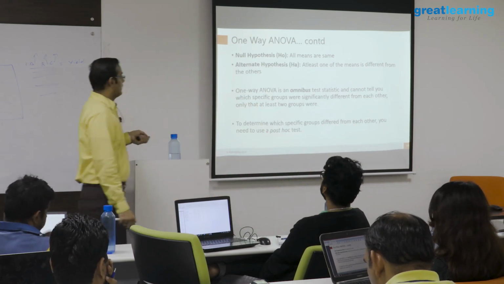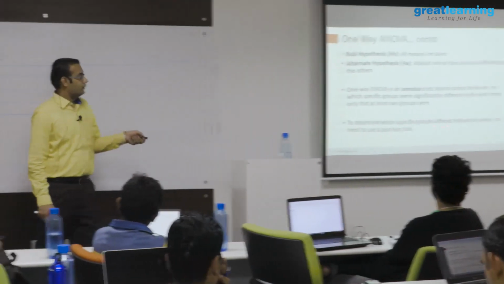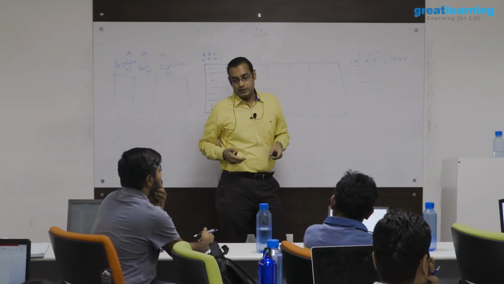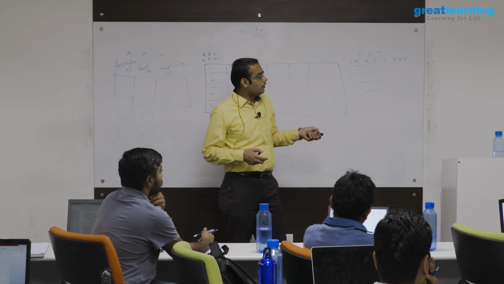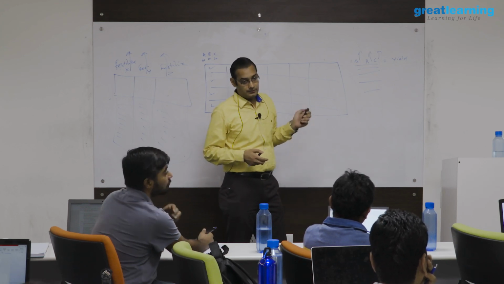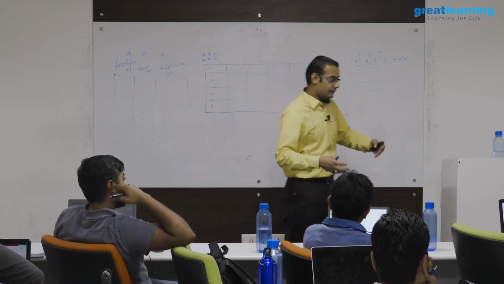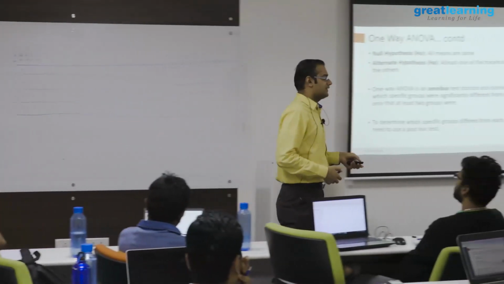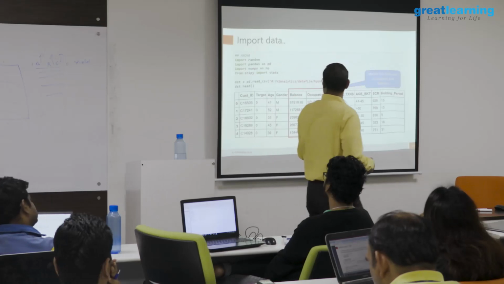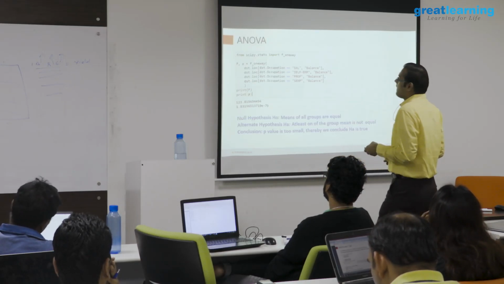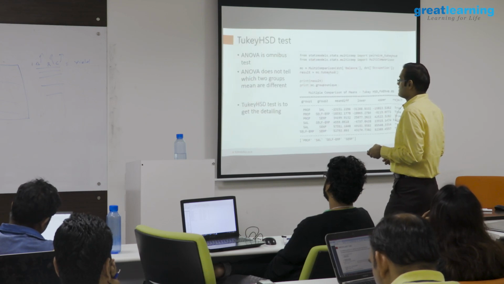To determine which specific groups are significantly different from each other, you have to apply a post-hoc test. That is called Tukey, I don't recollect, Tukey test something. Let me just see.